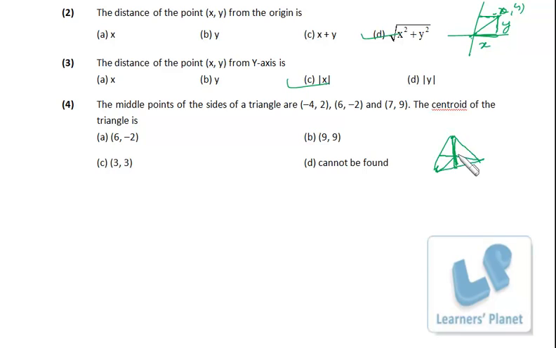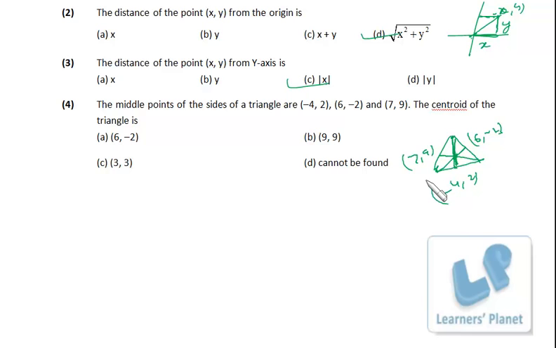Similarly, this is a median, this is a median, so this is the centroid, the concurrence point of medians. Now here in this case, the coordinates of the midpoints of the sides are given, and we have to find the coordinates of the centroid, right?